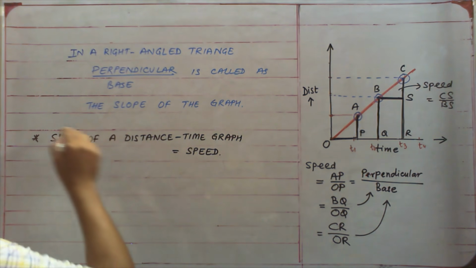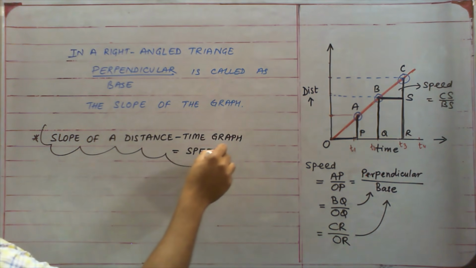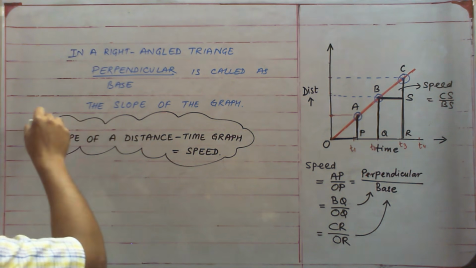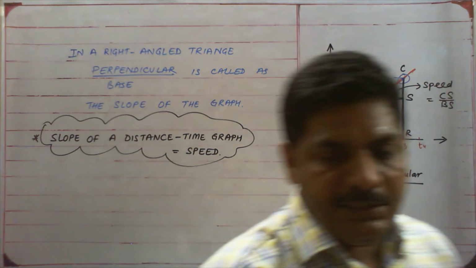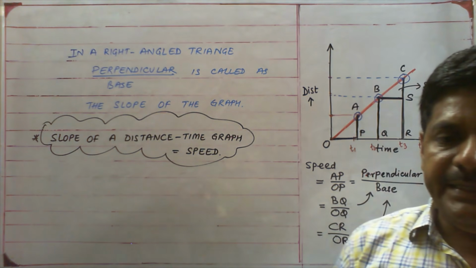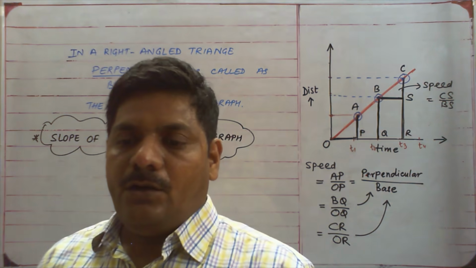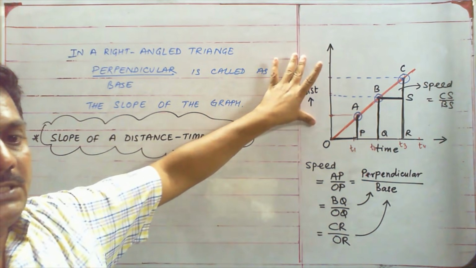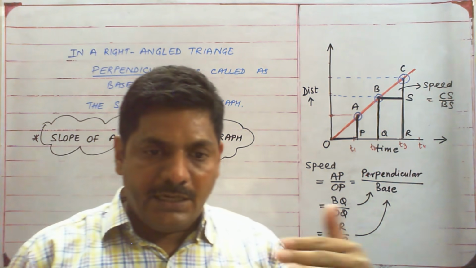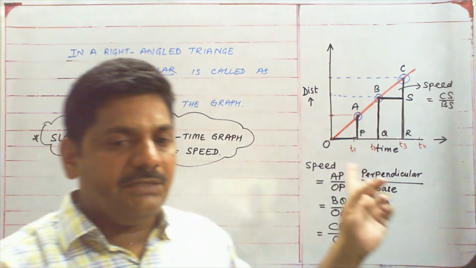So how to calculate the speed of the body? Just calculate the slope of the graph. Okay, so this is what we have talked today in our discussion. We have calculated the speed of the body by using a distance time graph. We have just covered one graph. In the coming days we would be talking about the different graphs.